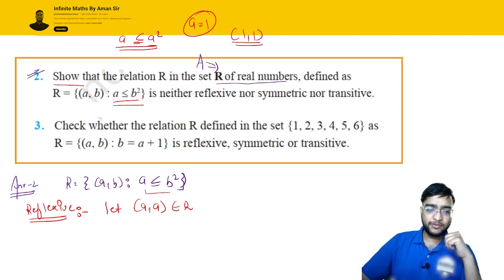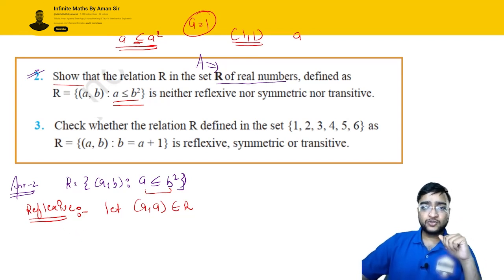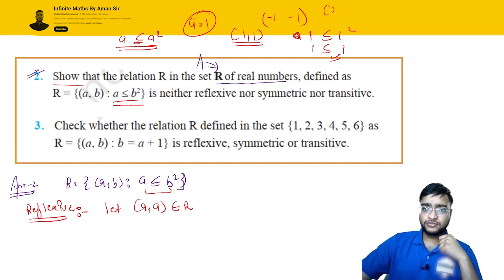By this condition, because for the reflexive one both the elements are the same, you can say 1 is less than or equal to 1 square. That is true, na sir? If I take -1, this is also true. If I take 2, also true. So for this, you can take all the elements of the real number set.